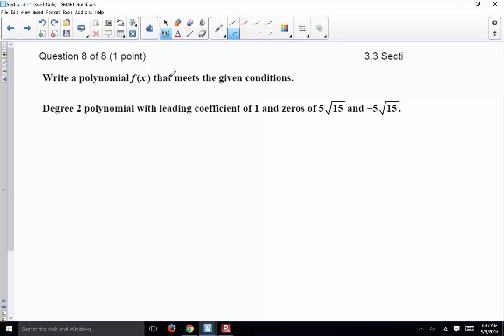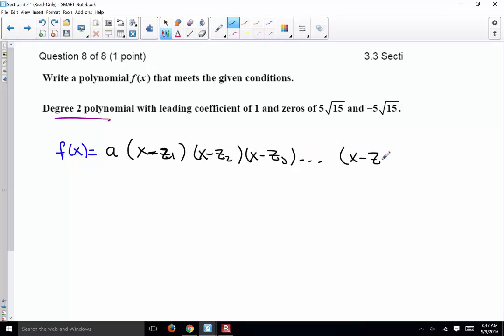So there is a polynomial. We know it's degree 2. That means it's a quadratic one, a square function. Something x squared, something x, something c. And what we know about it is it has the leading coefficient 1 and 2 zeros. Okay, here is the fact you need to know. Every polynomial starts with an a and then x minus z1, x minus z2, x minus z3, etc., up to zn.